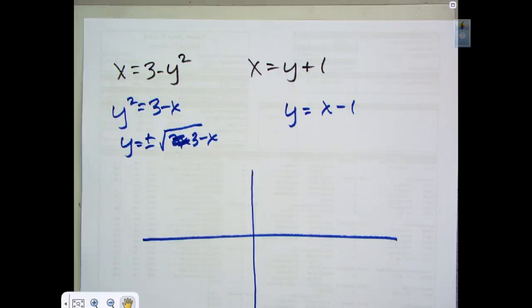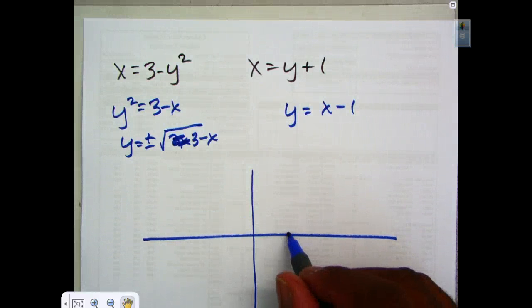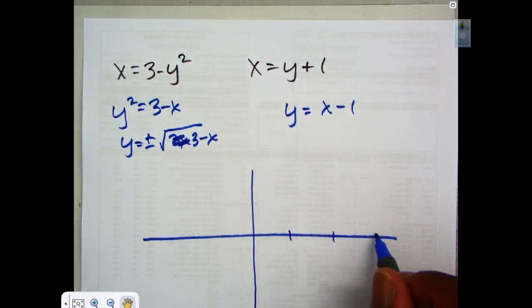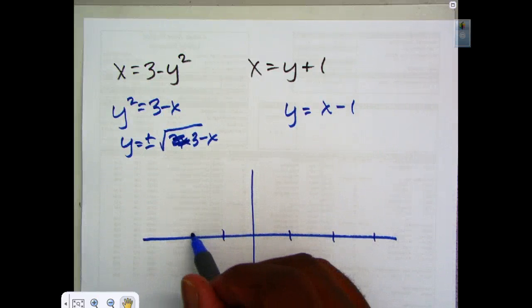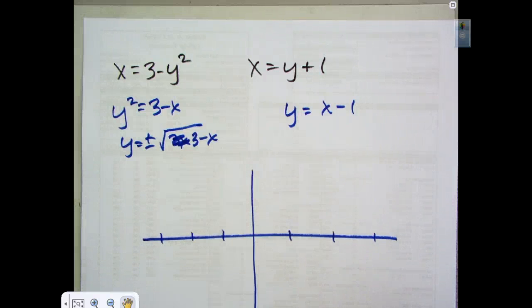Would it be a semicircle? I don't know. Maybe. So let's go 1, 2, 3. So we still need points of intersection.